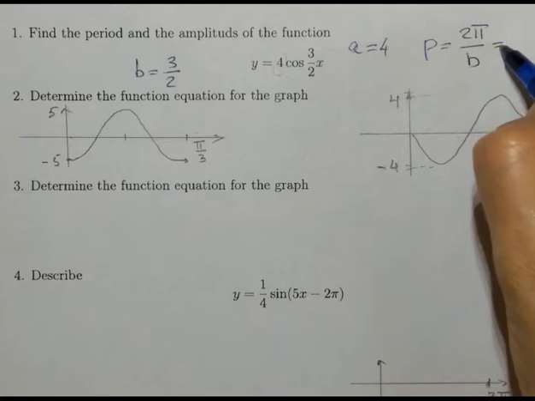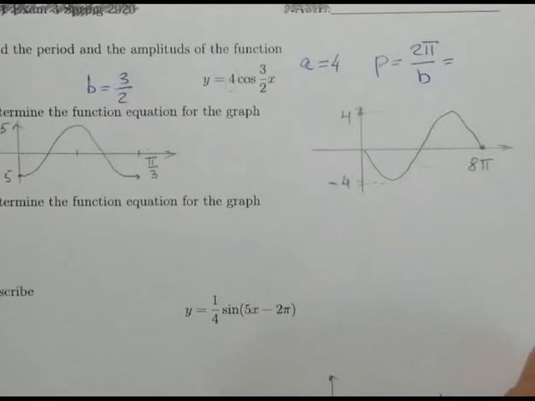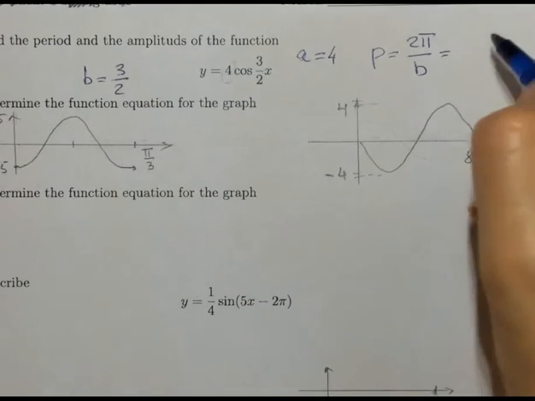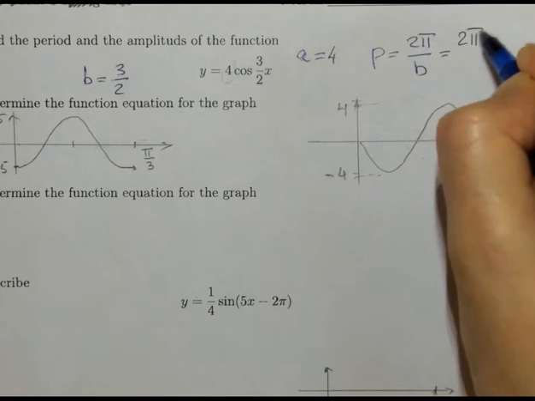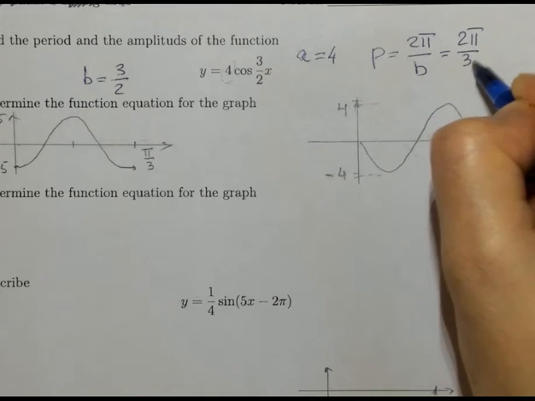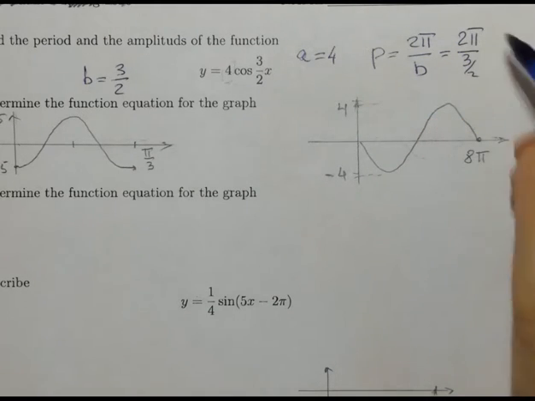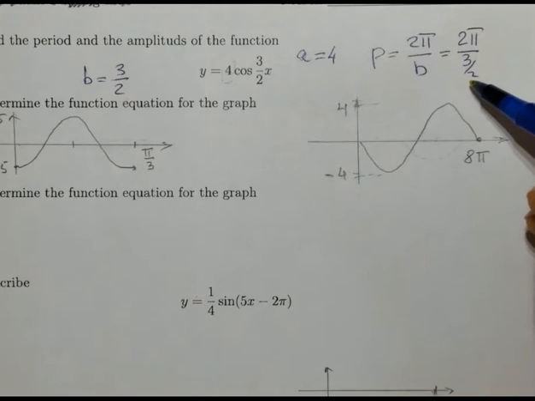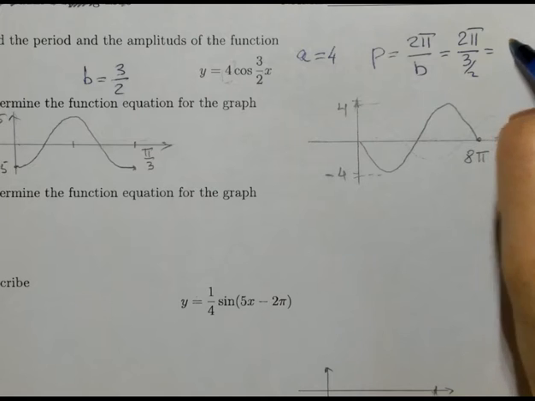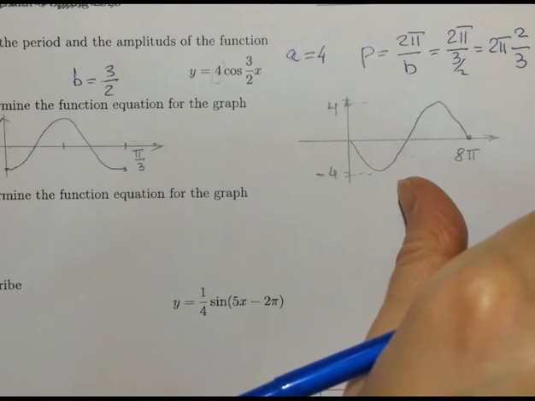We must divide by this fraction. So 2 pi we divide by 3 over 2. And when we divide by a fraction, we multiply by the reciprocal, so we can write 2 pi multiplied by 2/3.